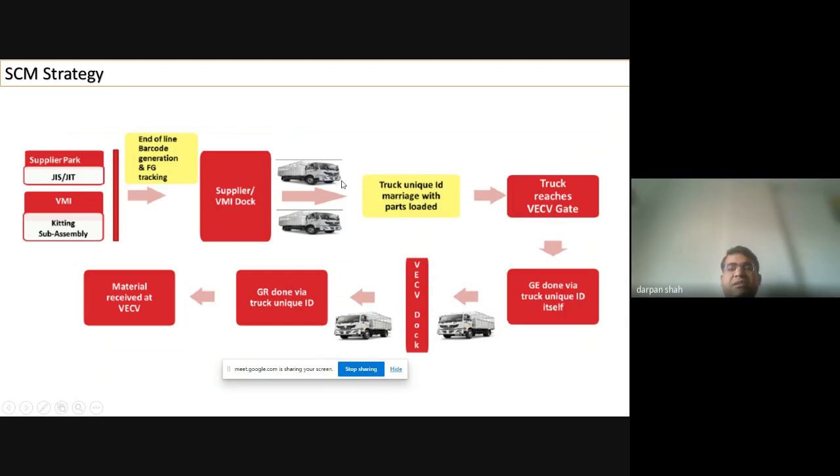So as soon as the part for that particular truck reaches our plant, we already have that information by just scanning a barcode. This ensures that the information flows in a speedy manner as against the physical movement of the part. So this is what is depicted here.